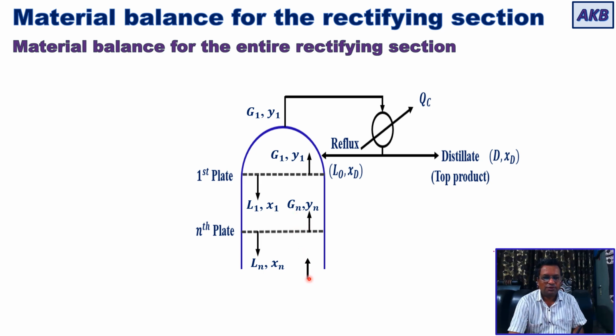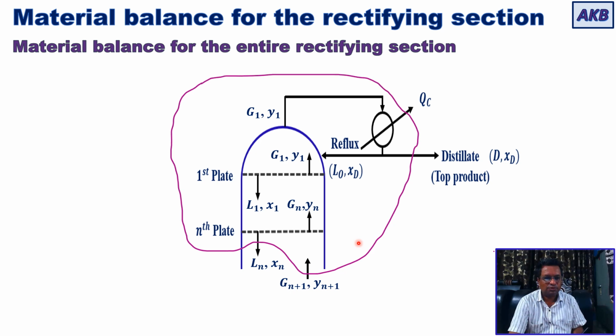Now the liquid coming to the nth plate will be coming from the tray above it, that is the n minus 1th plate, and vapor will be coming from the tray next to the nth tray, that will be the n plus 1th tray. So you have the vapor flow coming from the n plus 1 tray with a flow rate of Gn plus 1, and Yn plus 1 will represent the mole fraction of A in it.